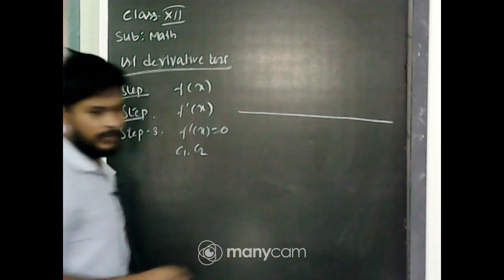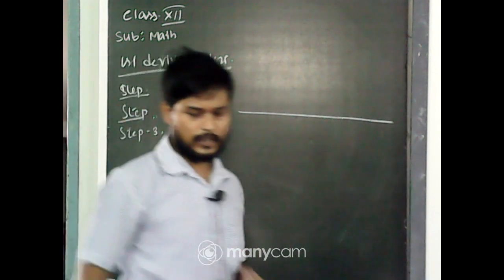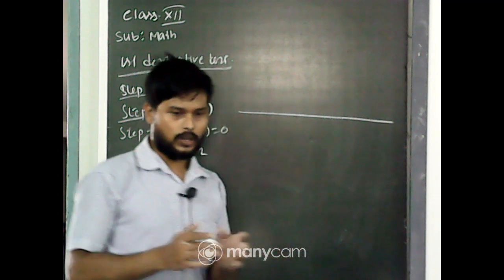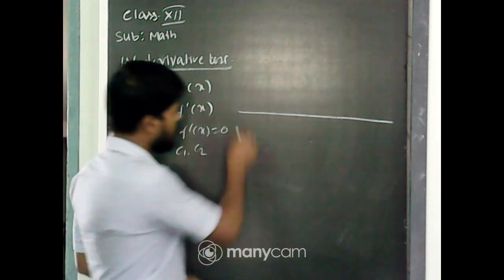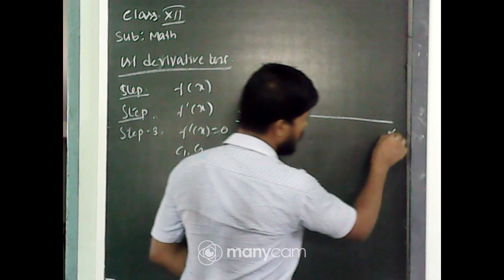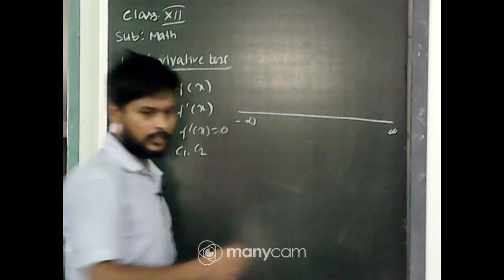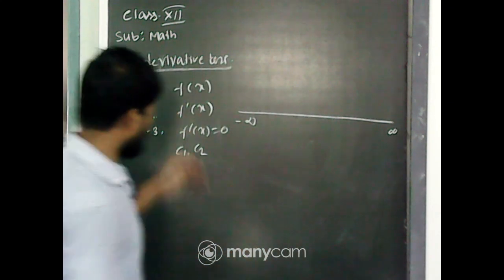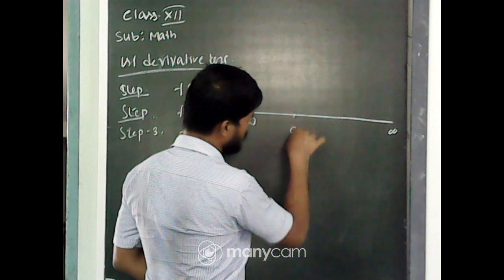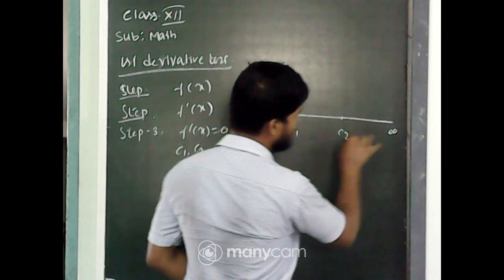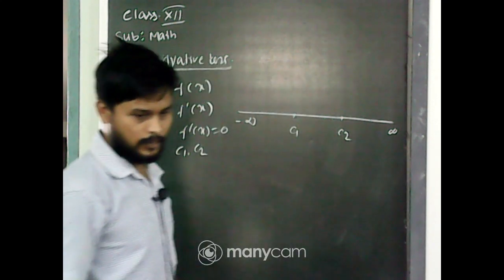Okay, so let this be the interval. If any interval is given, consider that interval, otherwise we will consider the whole real line from minus infinity to plus infinity. Now put in the critical points. Let c1 be a critical point and c2 be another critical point.